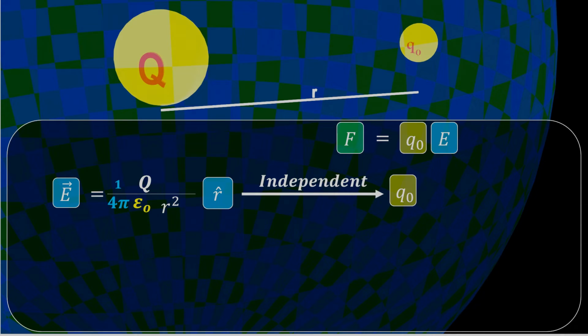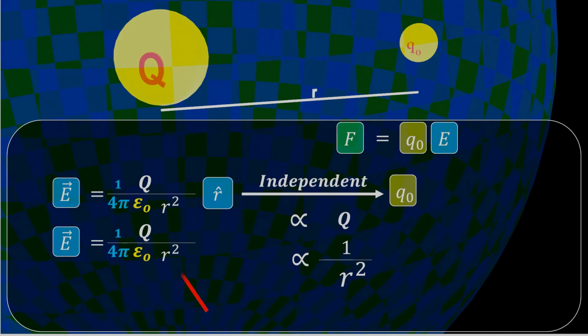This equation shows us that the electric field intensity is directly proportional to the magnitude of the source charge and inversely proportional to the square of the radius. This means that as we move away from the source charge, the electric field intensity decreases. And if we assume the radius to be infinite, the electric field intensity becomes zero.